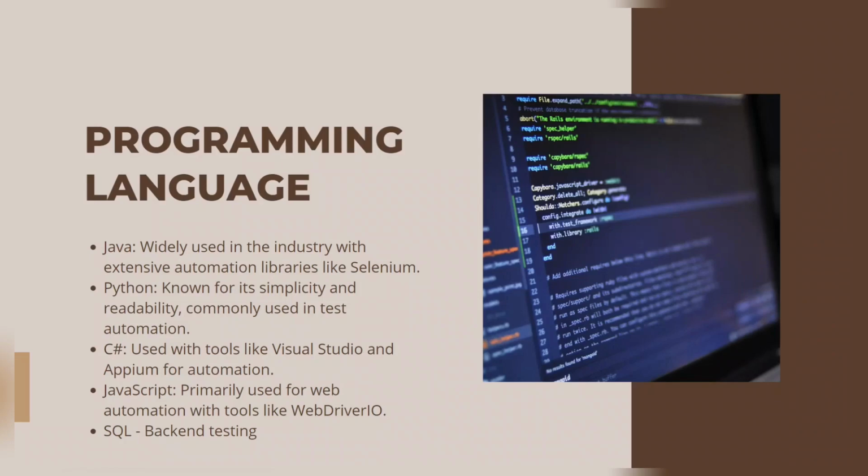So I will suggest first starting with Java or Python. With Selenium with Java or Selenium with Python, you can see a lot of openings in these skills, and then slowly move to JavaScript and improve your programming language skills. So these are the languages you need to learn before you start automation testing.